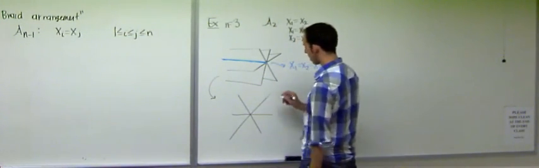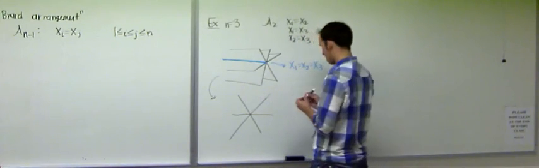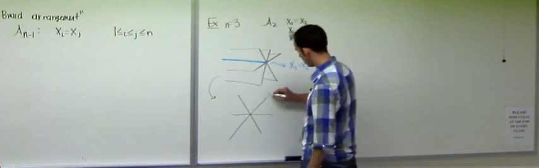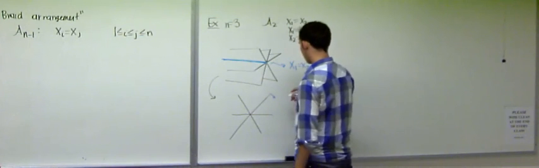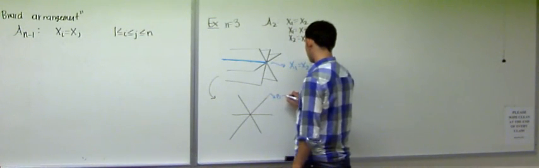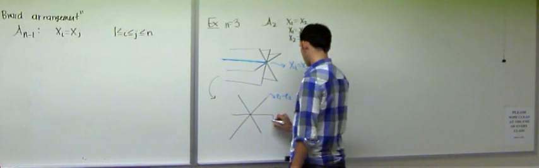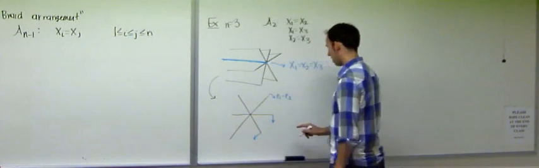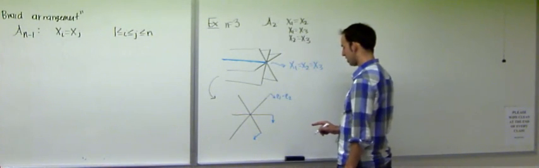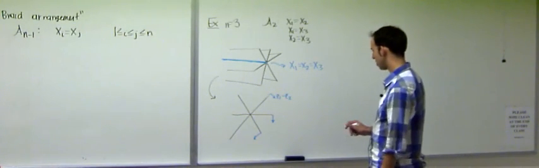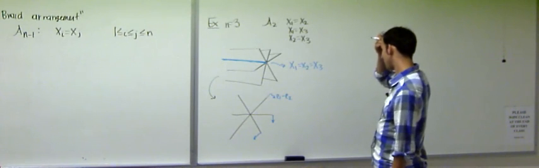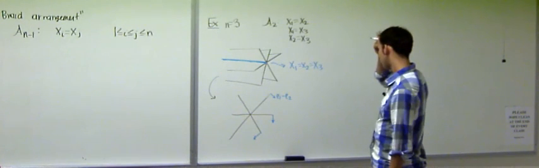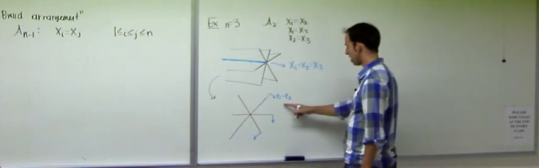Now let's see what are the normal directions of this. Well, it's going to be something like this: E1 minus E2. This is actually possible to do incorrectly, so I have to be careful. E1 minus E2.